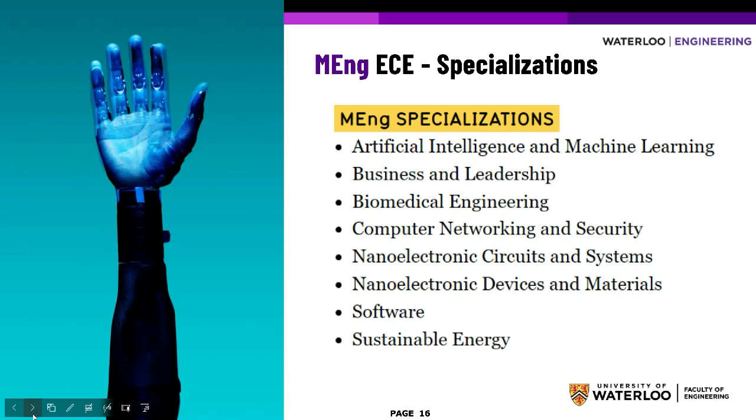And we do post our courses for future terms well in advance. So it's very important that if you are planning to do an MEng specialization, that you take note of what the proposed courses are for those terms and you plan accordingly, because you may not be able to get the specialization. Of course, we wish for as many students to be able to take it as possible, but just given the constraints, we can't always do it.